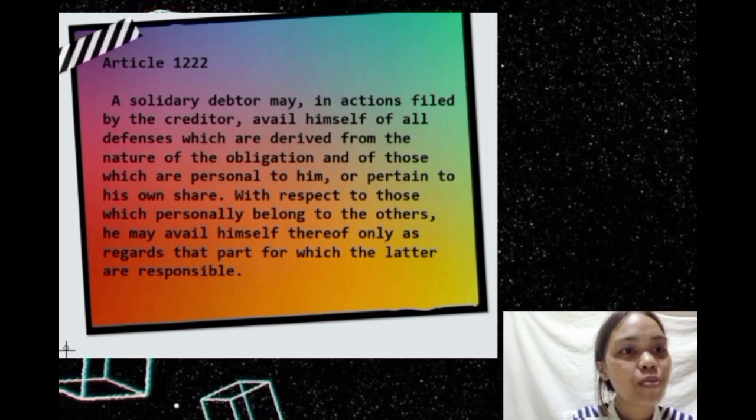Hence, having only a partial defense, Jad is still liable for 2,000 pesos, his share in the obligation.